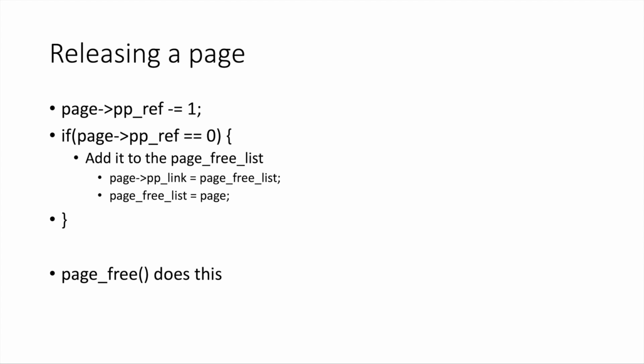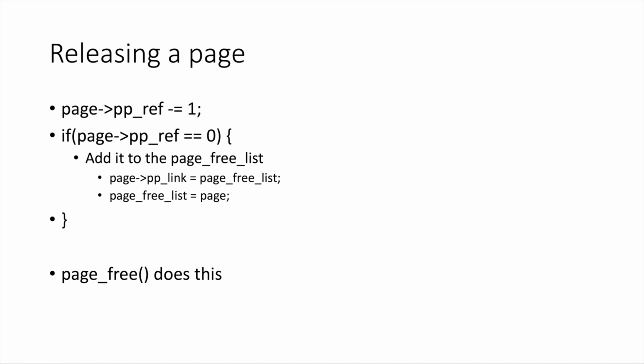So in allocation, we cut the head and move head to the next and use the previous head as the page. And when we release the page, we decrement the pp_ref by 1, and if it becomes 0, then we put this page back to the page free list. And this is what the page free function needs to do.